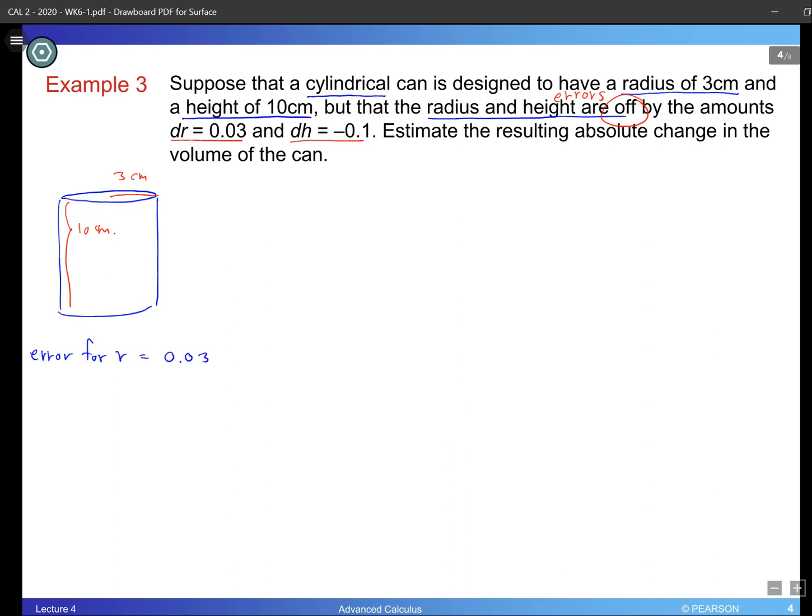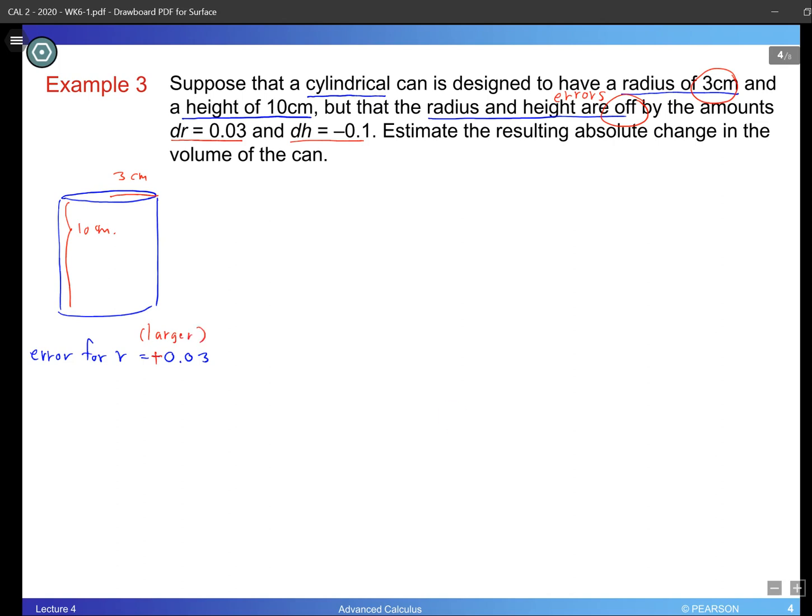Actually, what we see right here has a plus at the front, which means that the radius is larger than it's supposed to be. It's supposed to be 3 centimeters, but since we have this error of plus 0.03, when you have the final product, it turns out to be 3.03 centimeters. So make a note right here, this is larger than the design.